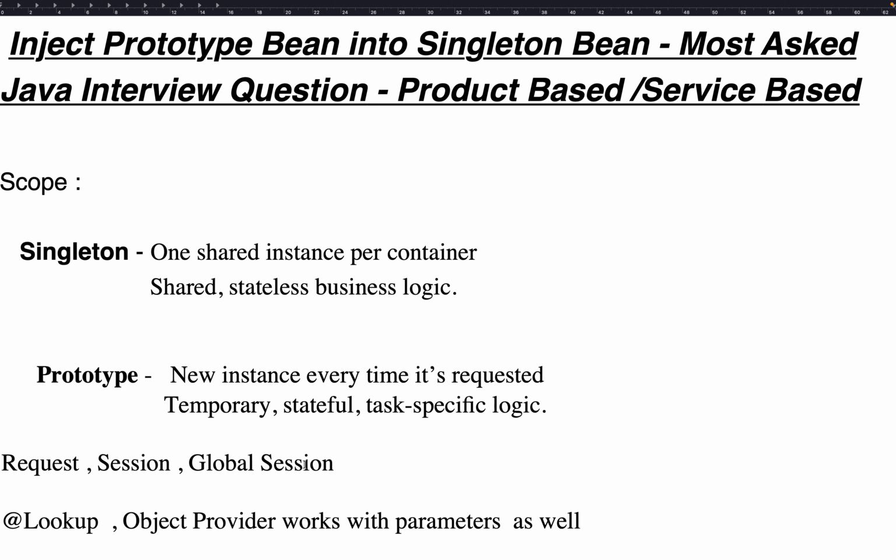Our main motive: in a singleton bean we get one single bean only, but our requirement is that every time you request a bean, you should get a new bean.